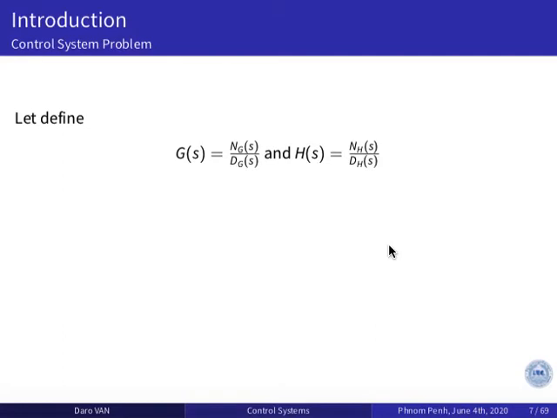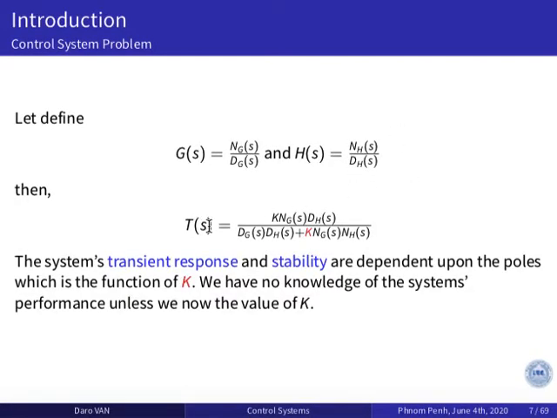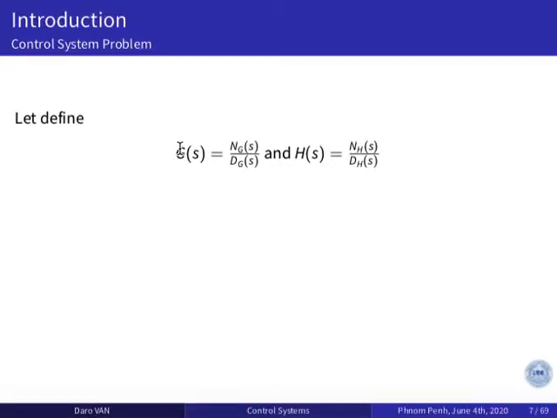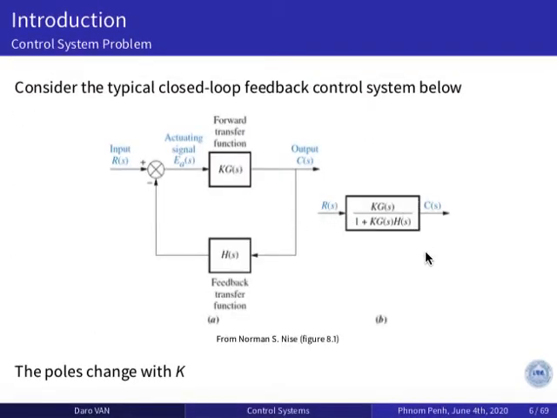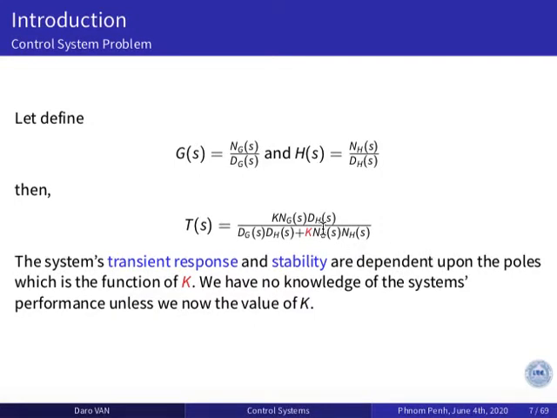So now let's define something. If we define G(s) equal to N_G(s) over D_G(s), where N stands for numerator and D stands for denominator of this G(s), and also H(s) is defined like this, then you can find the closed loop transfer function T(s) by substituting these two into this equation. You will end up having this transfer function.